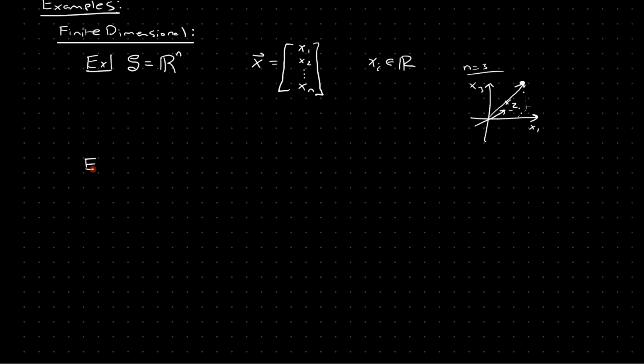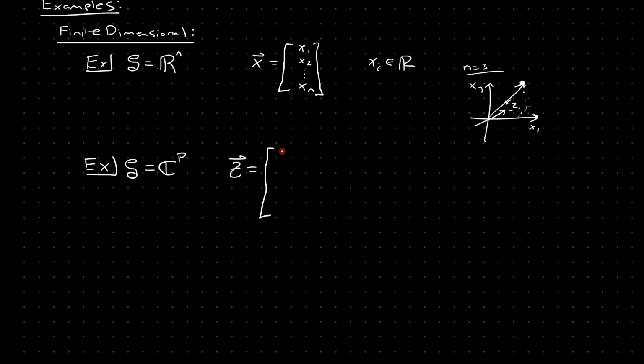Another very good example is the vector space of complex valued vectors, C^p. This is the space consisting of vectors of complex numbers.